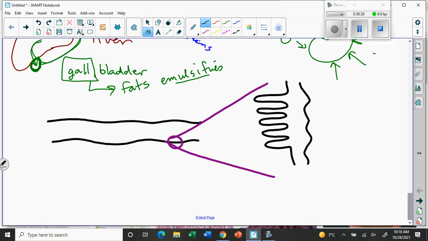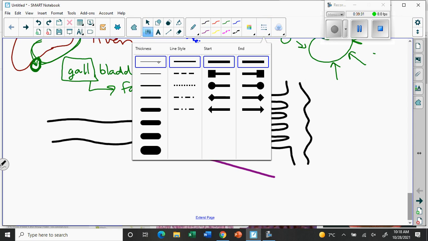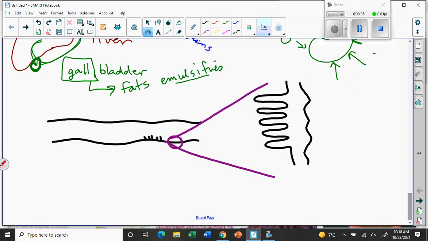And these little finger-like extensions are sticking up into the inside of the intestine. They have a name, so let's label them. They're called villi. So these little projections or finger-like extensions stick out.